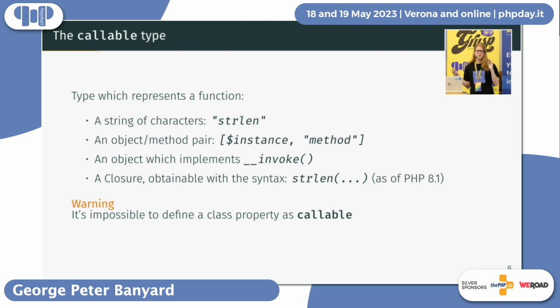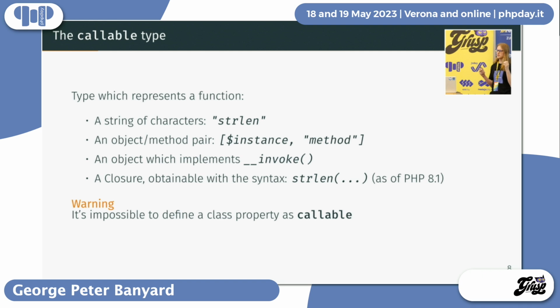The callable type represents a function, and it's either a string of characters, a pair of an object instance and a method, or an object which implements the __invoke magic method. If you are on 8.1, just use the new syntax, which is the three dots.